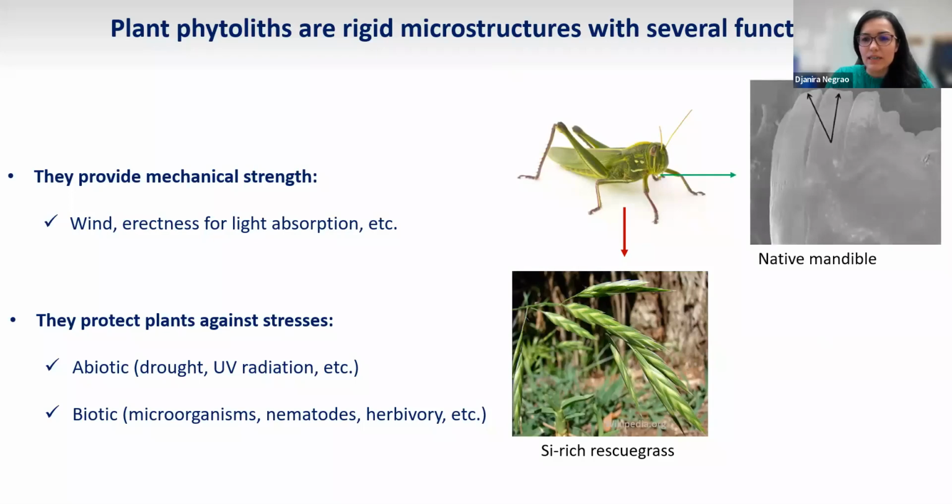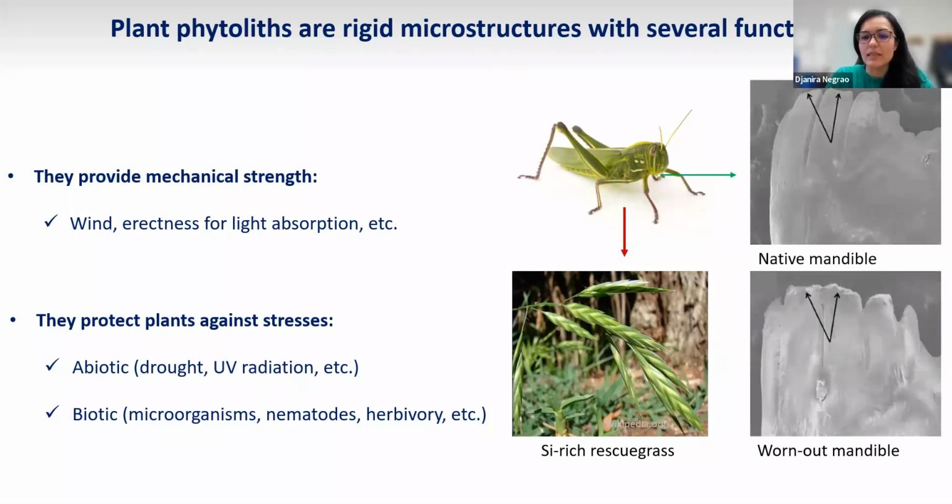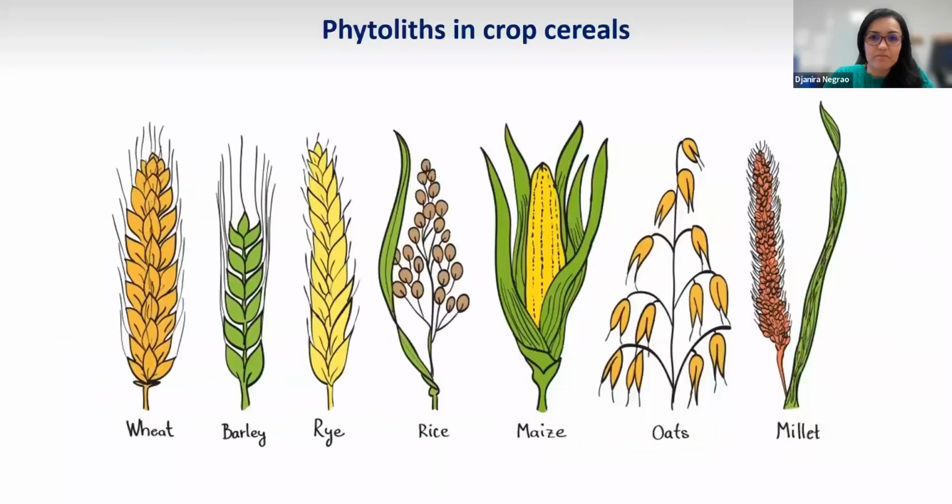But when they are fed by high silicon content grass, in this case rescue grass, their mandible can get damaged by feeding high silicon content plants. So they don't last too much if they eat high silicon content plants.